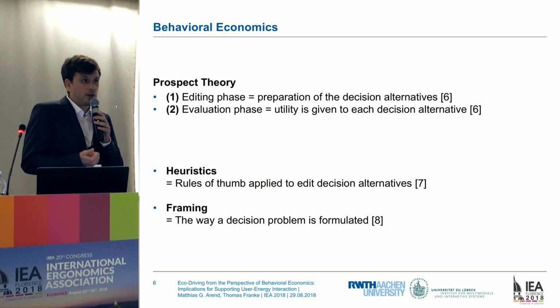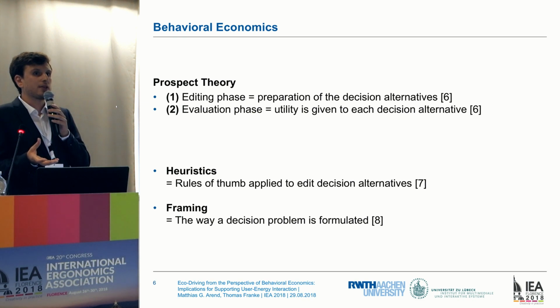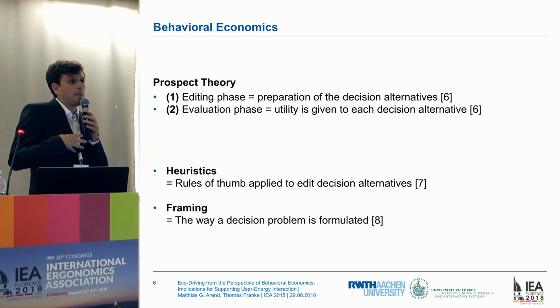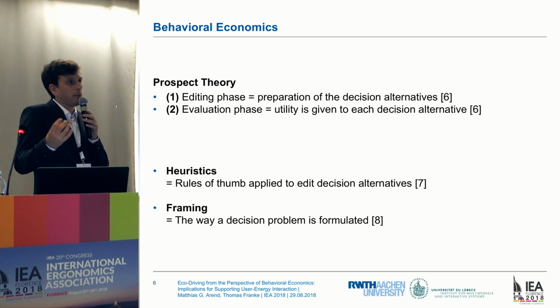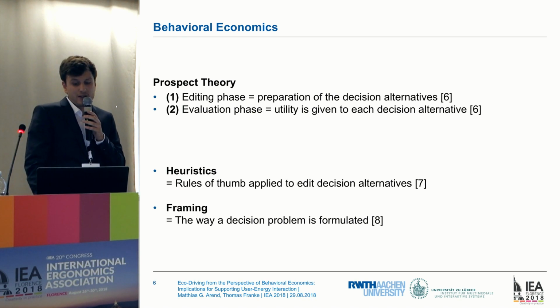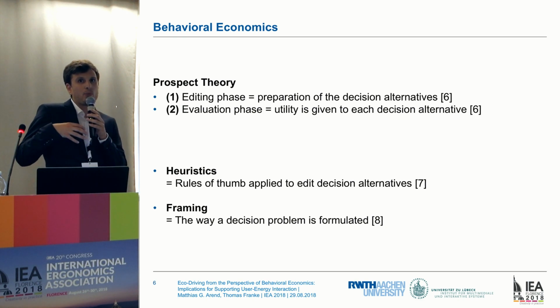We distinguish between an editing phase and an evaluation phase. In the editing phase, the decision alternatives, for example different acceleration strategies, are prepared for the further decision. So we have to gather information about the decision alternatives. In the evaluation phase, a utility is given to each decision alternative, which means that we give each a certain value.